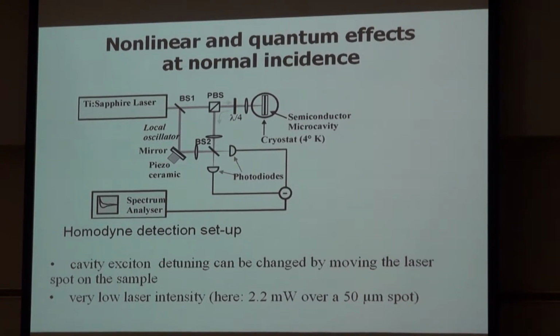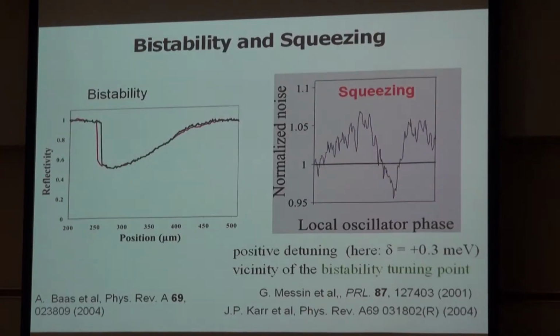So again, this was a rather difficult thing to do because, of course, in semiconductors you have additional effects, heating, phonons, and so on. But still, we observed bistability here, and we were quite happy to see that. Actually, it's not the laser that is scanned.